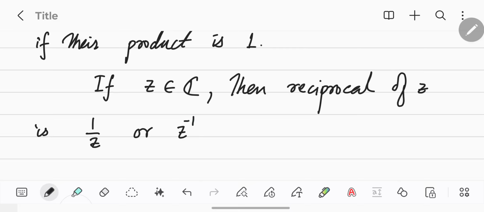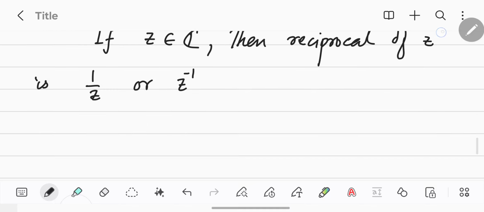This is only true when Z is not equal to 0, because if Z is 0, then you cannot write 1/0. 1/0 is undefined. So Z cannot be 0. If Z is not 0, then you can write its reciprocal or its inverse.